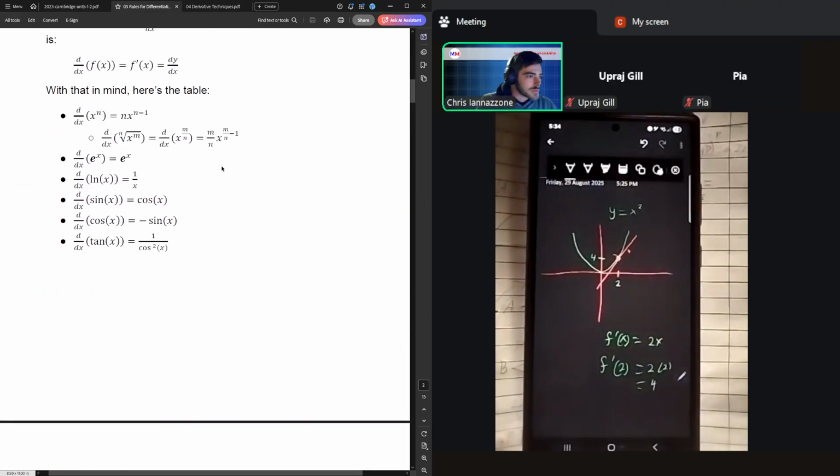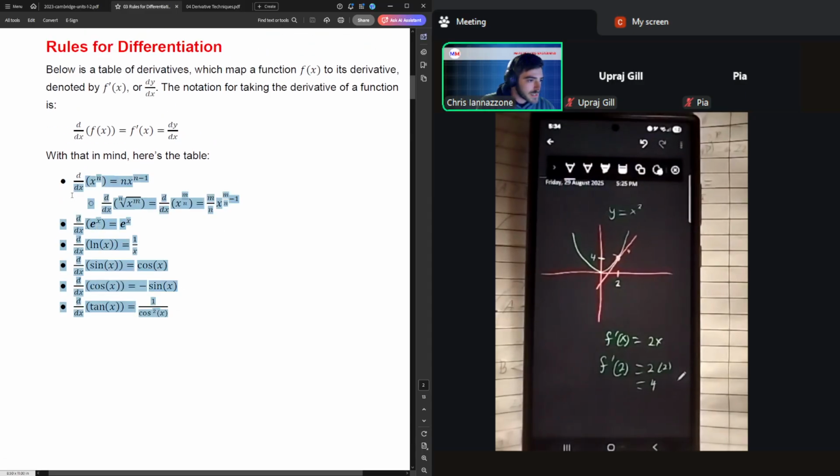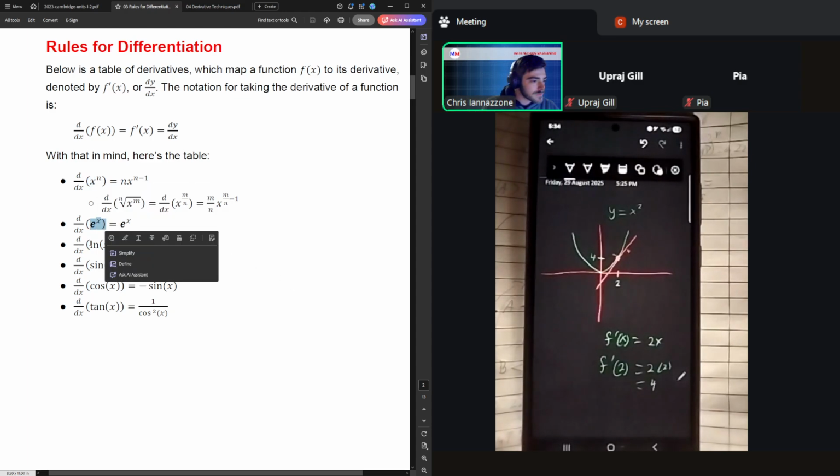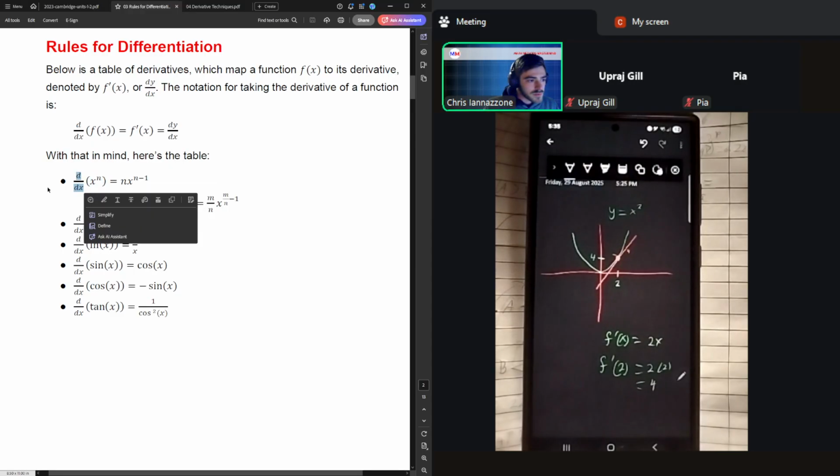As for how you do derivative, you look up a table of values. If we go back to the screen share, you'll notice that you have different kinds of functions, and on the right-hand side of those are the derivatives of those functions. For instance, if you have any power function, x to the power of n, finding the derivative is just a matter of bringing the power down the front.